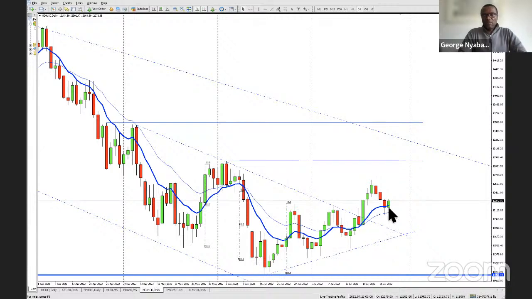So you can be patient as a bear, wait for this to fail or wait for a double top. If you're a bull and you're looking to scalp, in other words, in and out of the market and take your profits quickly, you can look to take a trade, but be wary of the reversal.